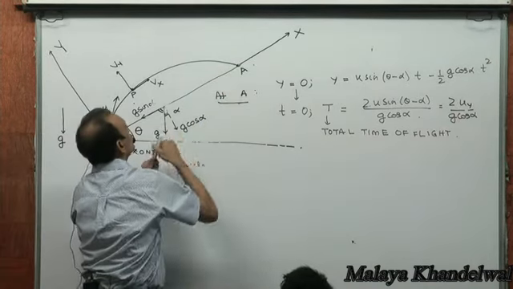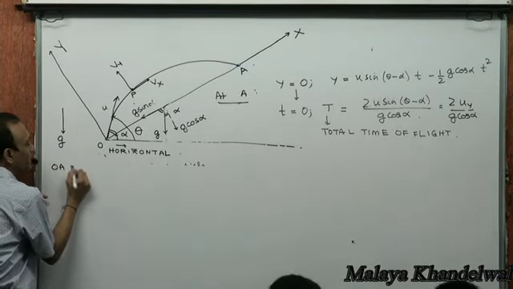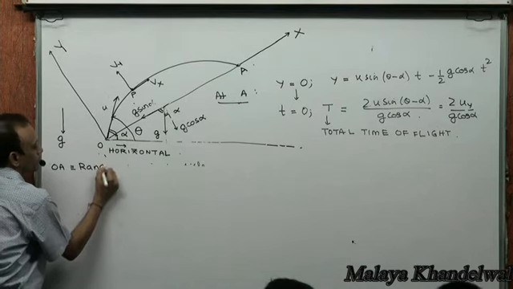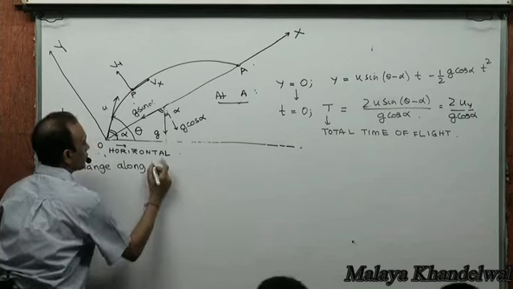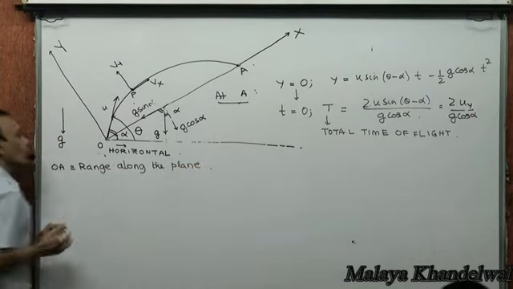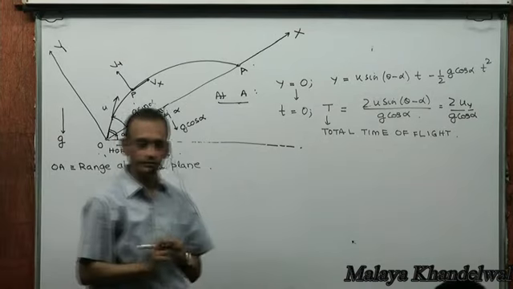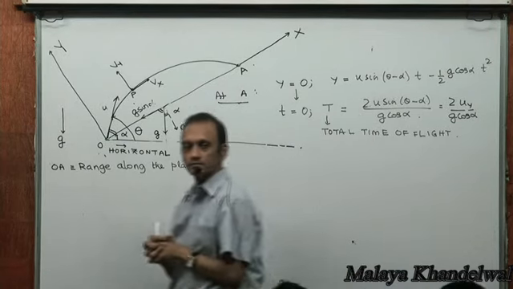OA is my range along the plane. OA is called the range along the plane, the range of the projectile along the plane under ideal conditions.